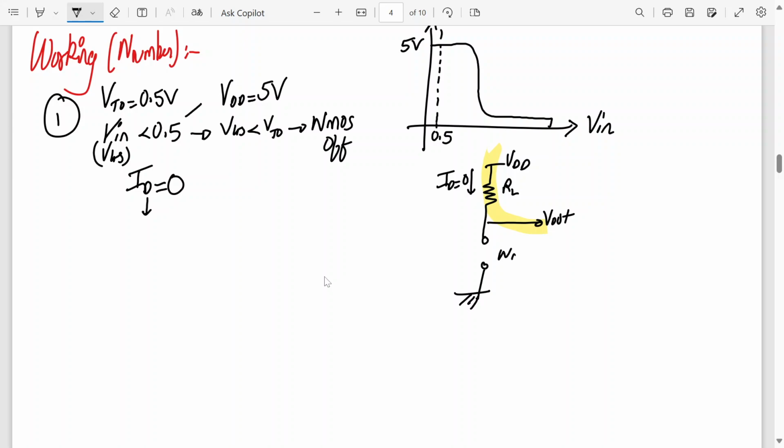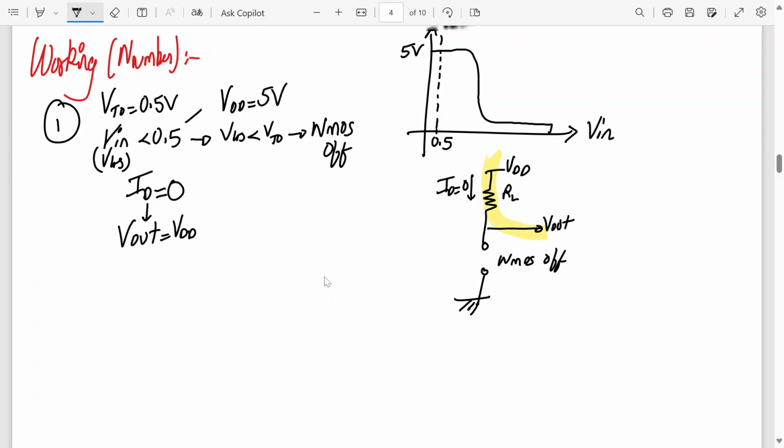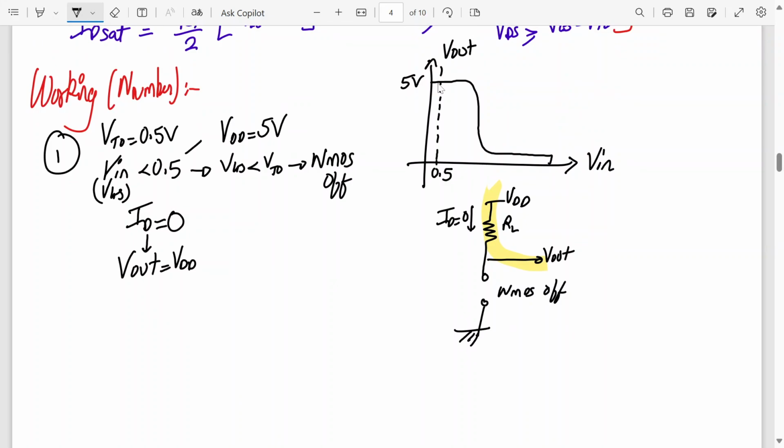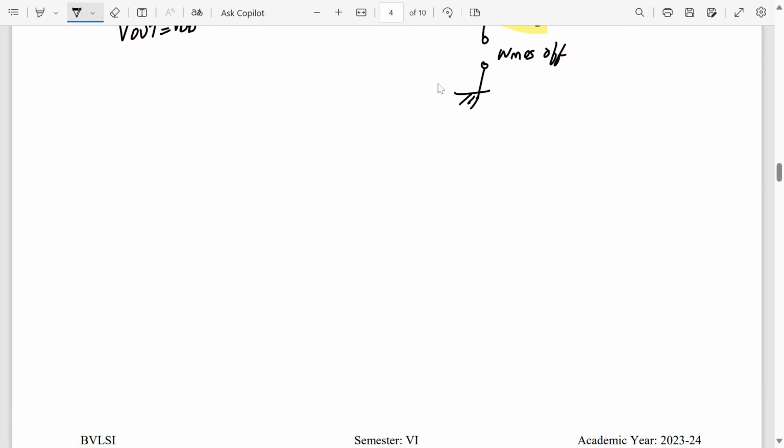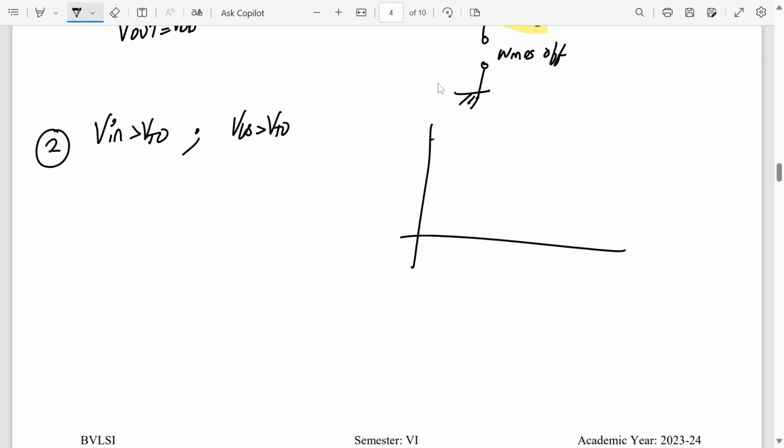This NMOS is off, represented by open circuit. And so we can say V out is equal to VDD. That is the same in the graph, this is VDD only. Understood? Next case. Let's say that you are operating over here.